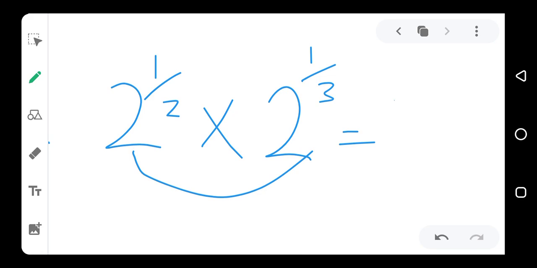We multiply the bases and then add the powers together. So it becomes 2 raised to power 1 over 2 plus 1 over 3.